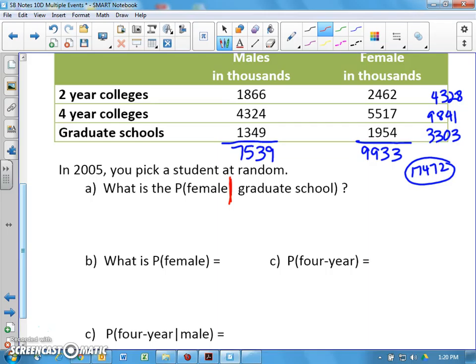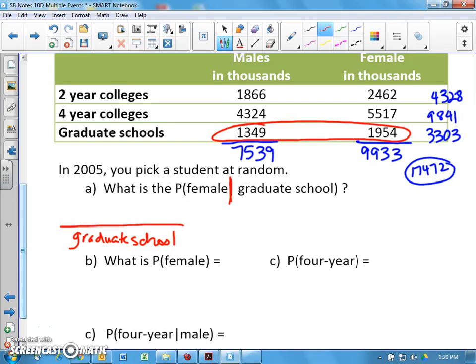So when we go figure this up, the fact that she is in graduate school needs to be the bottom of our fraction, because we only want to look at those students in graduate schools. So we are just looking at this line in our chart. So given that they're in graduate schools, I want to know that they're female. So this is female in graduate school.